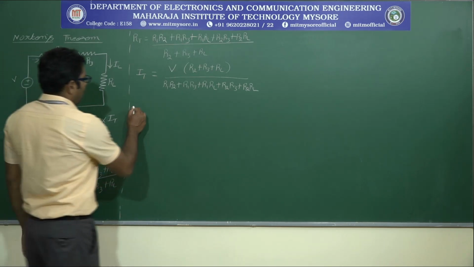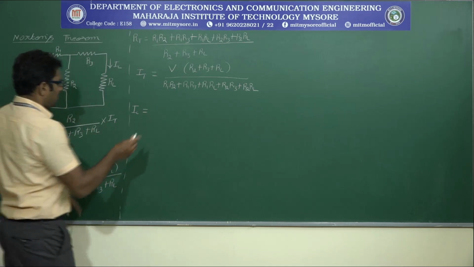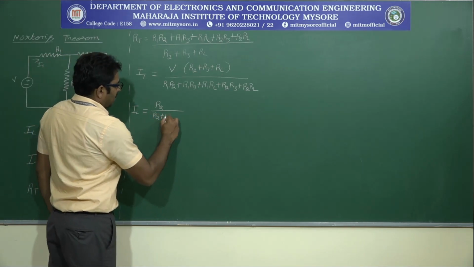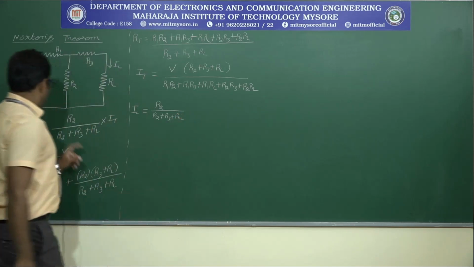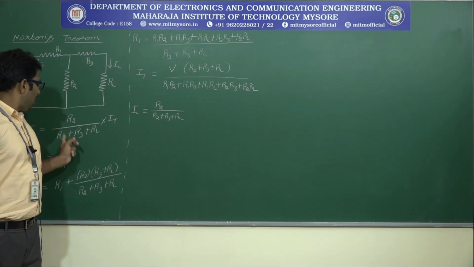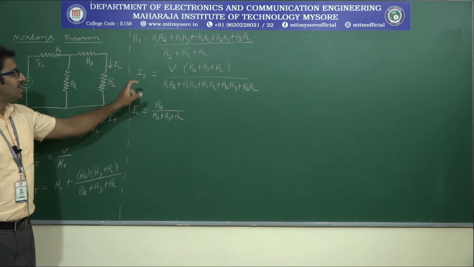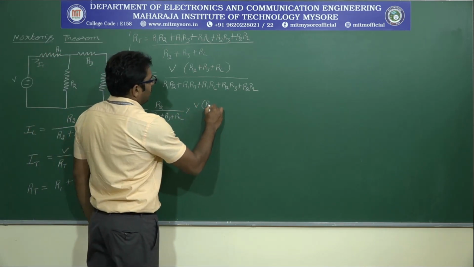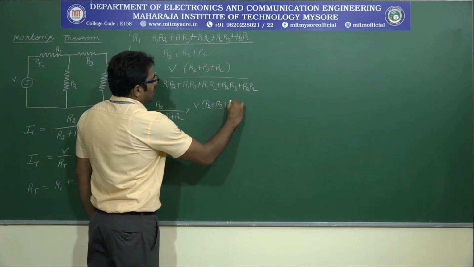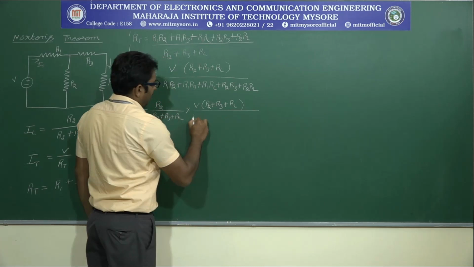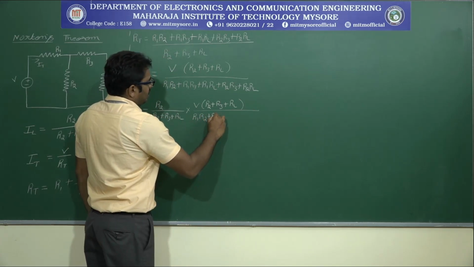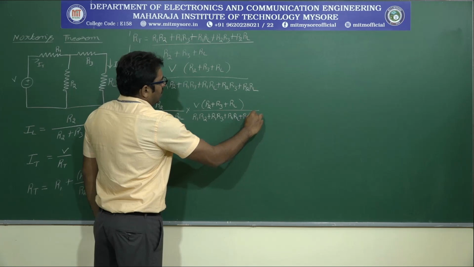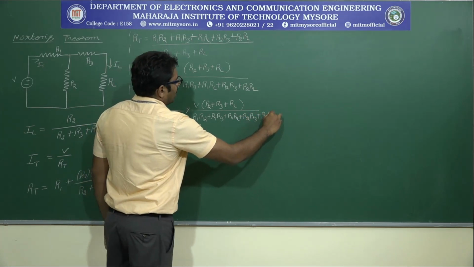Is it clear? Therefore, IL is equal to R2 divided by R2 plus R3 plus RL, times IT. What is IT? From the above equation, IT is equal to V times (R2 plus R3 plus RL) divided by R1 R2 plus R1 R3 plus R1 RL plus R2 R3 plus R2 RL.